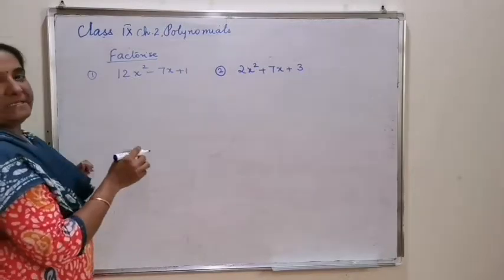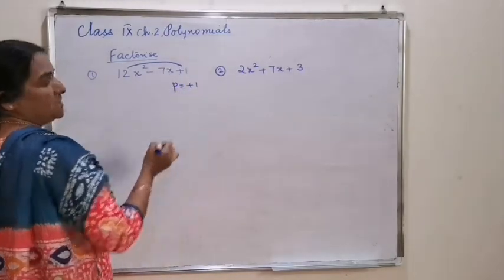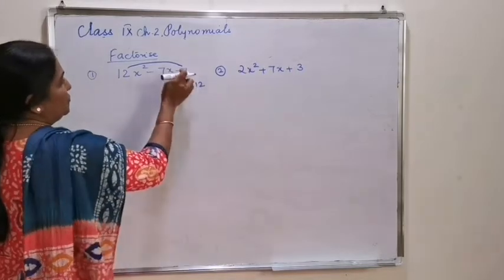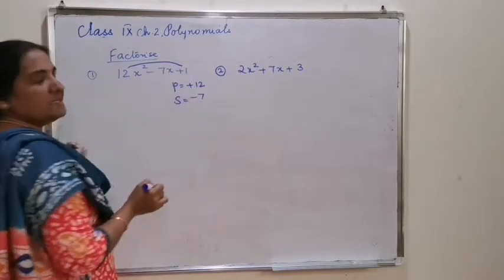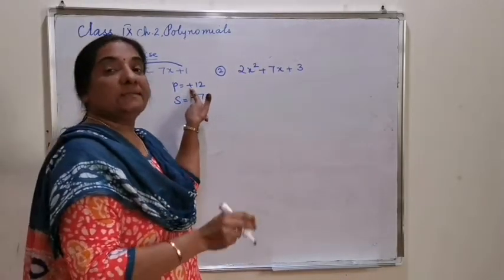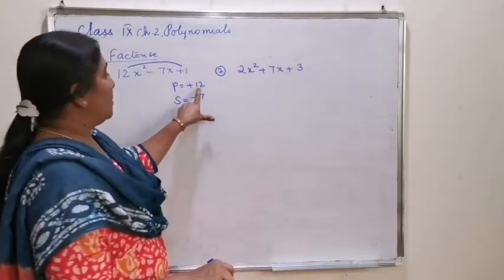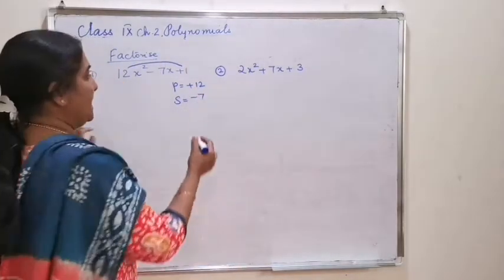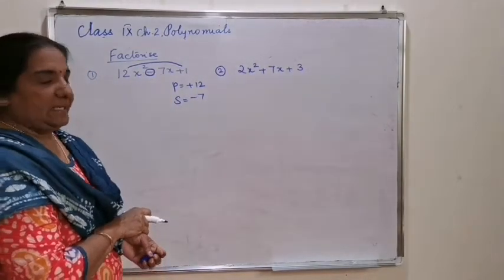12x square minus 7x plus 1, the product is positive 1 into 12, which is equal to 12, and the sum is minus 7. When the product is positive, as per the rule, the factors will give you the product as well as the sum, and the sign will be allotted as per the sign of the sum.